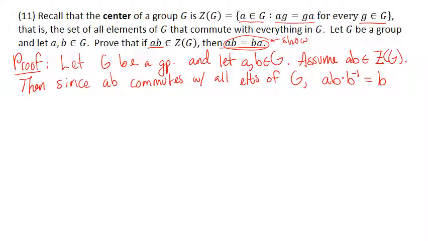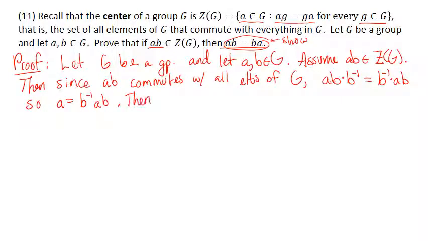Then I can put B inverse times AB like that. Okay, so that's AB commuting with B inverse. So that would tell me that A equals B inverse AB. And I think that's exactly what I want.